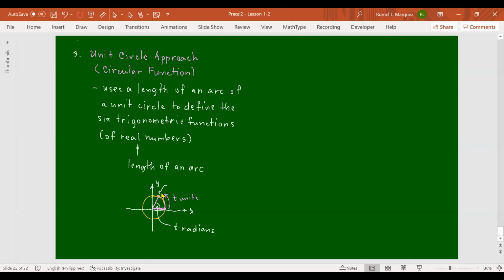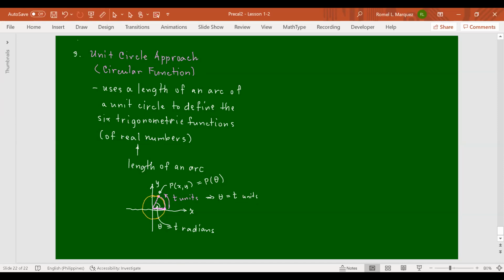This point is what we call, let's say, P(x, y), or sometimes denoted P(theta). So if your theta is equal to T radians, then theta here is equal to T units, as a real number.